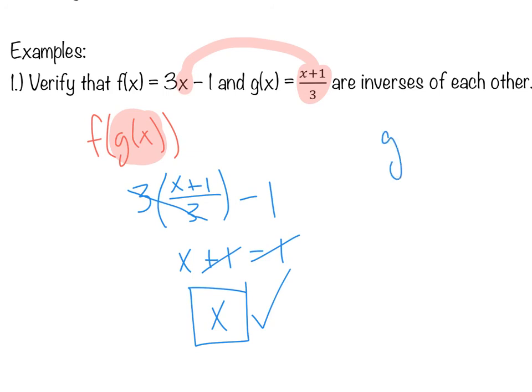So we're going to do g of f of x. So now the f of x will become the input into the g function. So let me erase this now so we don't get too confused here.